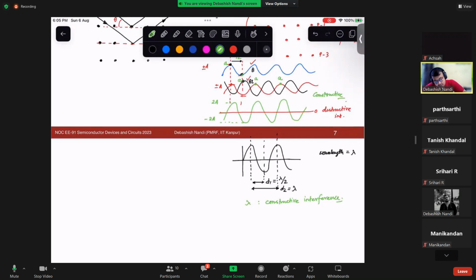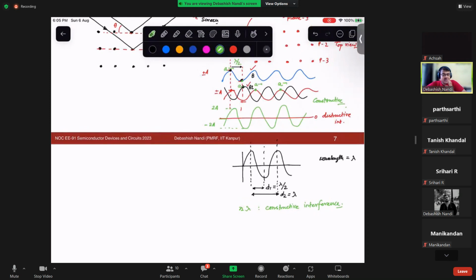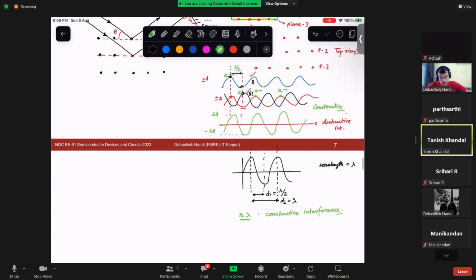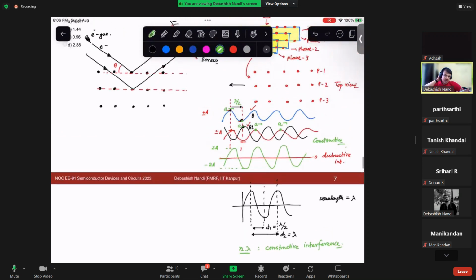So if the two waves differ such that a particular point on one wave and the same point on the next wave differ by n lambda distance, then I will have constructive interference, okay? So this much you have understood?